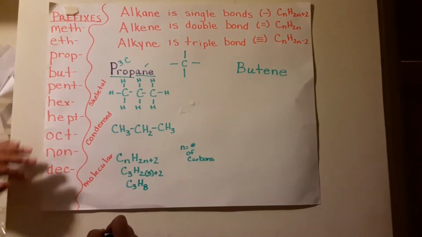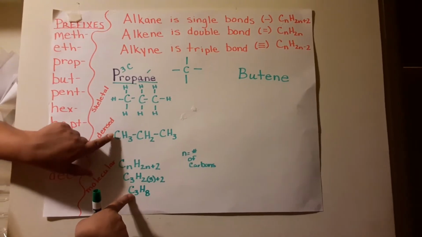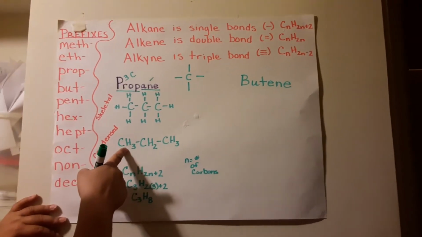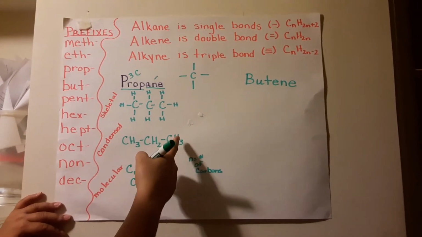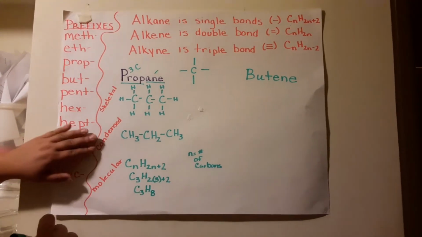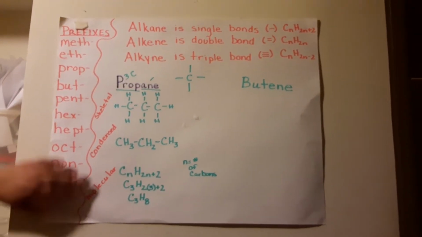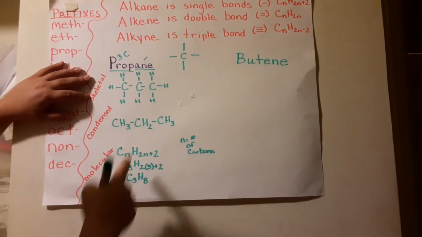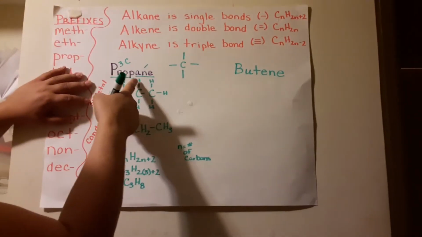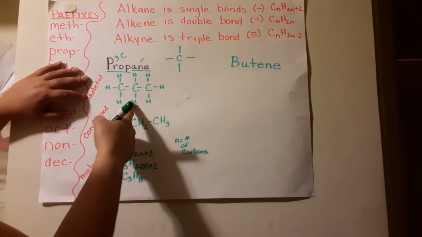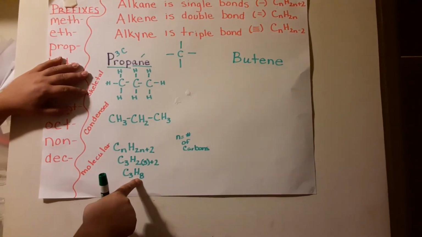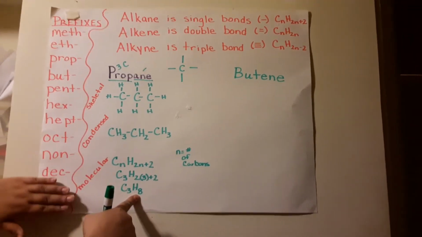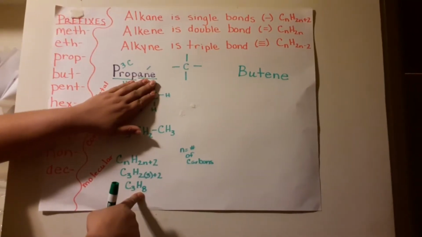And we can check our work by going back to C. We have 3 carbons, 1, 2, 3, and 8 hydrogens, 1, 2, 3, 4, 5, 6, 7, 8. So we know our condensed and molecular structures match. And let's check our skeletal against this. 1, 2, 3 carbons, and 1, 2, 3, 4, 5, 6, 7, 8 hydrogens. So that satisfies drawing skeletal, condensed, and molecular for alkanes.